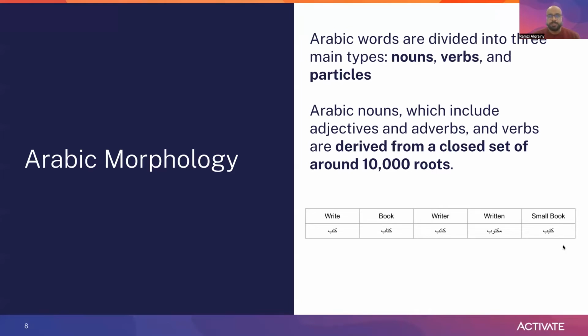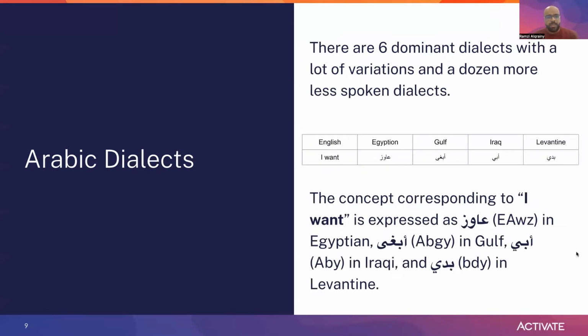On the other hand, Arabic dialects are another challenge. Arabic dialects have started finding their way into online social interaction. There are 6 dominant ones with many variations, and dozens more lesser spoken dialects. Of course, there are several factors that make dialects different, with different lexical choices to express a concept.